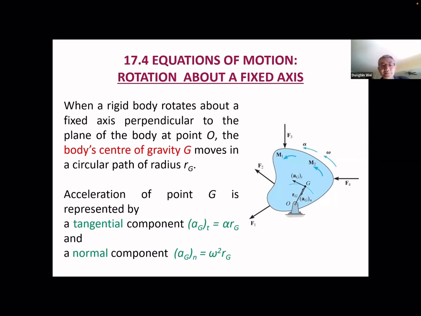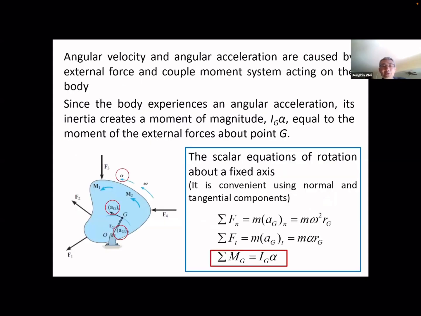Now, if we know these two components, and if we use the normal tangent coordinate system for a problem, then you will see for these three equations, for the first two, we can easily express the summation along the normal direction and the summation along the t direction, tangential direction, because we already know how to calculate AGN and AGT.